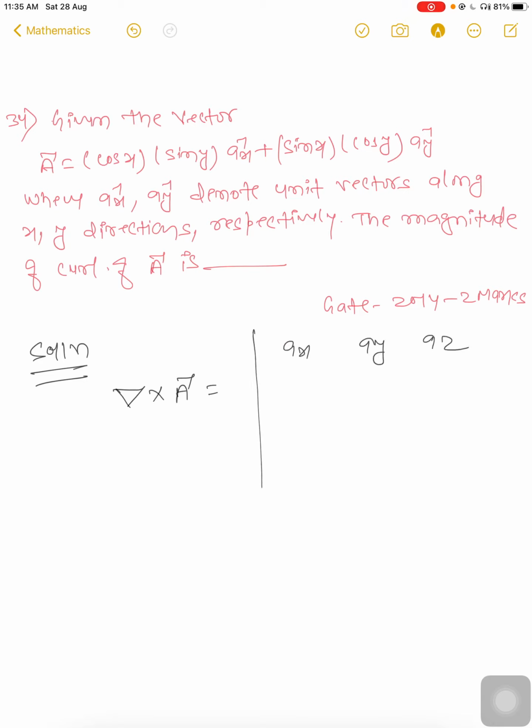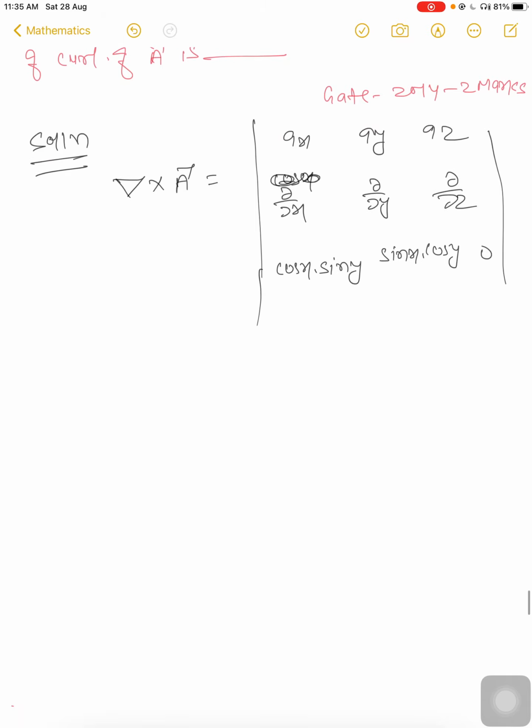So it will be the determinant with ax, ay, az unit vectors, del by del x, del by del y, del by del z, then cos x sin y, sin x cos y and 0. After simplification, you will get 0.